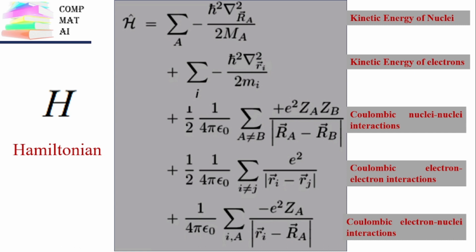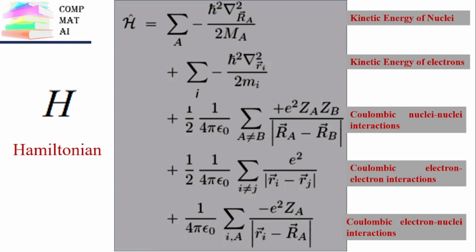In practical terms, the Hamiltonian can be quite extensive. For instance, in the case of a solid, the Hamiltonian involves a summation over the kinetic energy of each individual nucleus. Considering one mole of nuclei, this leads to an enormous number of terms, typically on the order of 10 raised to the power 23.